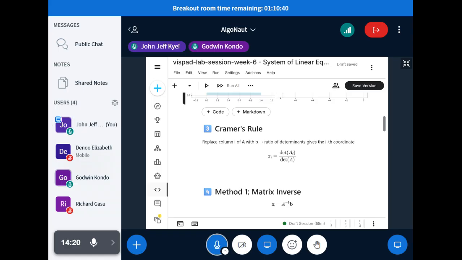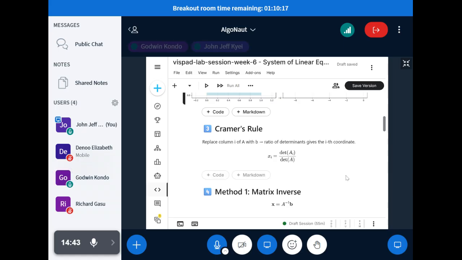It explains how determinants relate directly to solving equations, and shows how when you replace a column with a target vector, it gives the corresponding variable. So even though we won't be using it for large systems, we're just going to use it to understand.